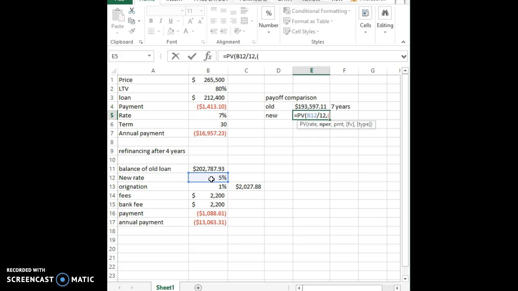So we're going to do 30 minus 3 times 12, comma, and then the payment.